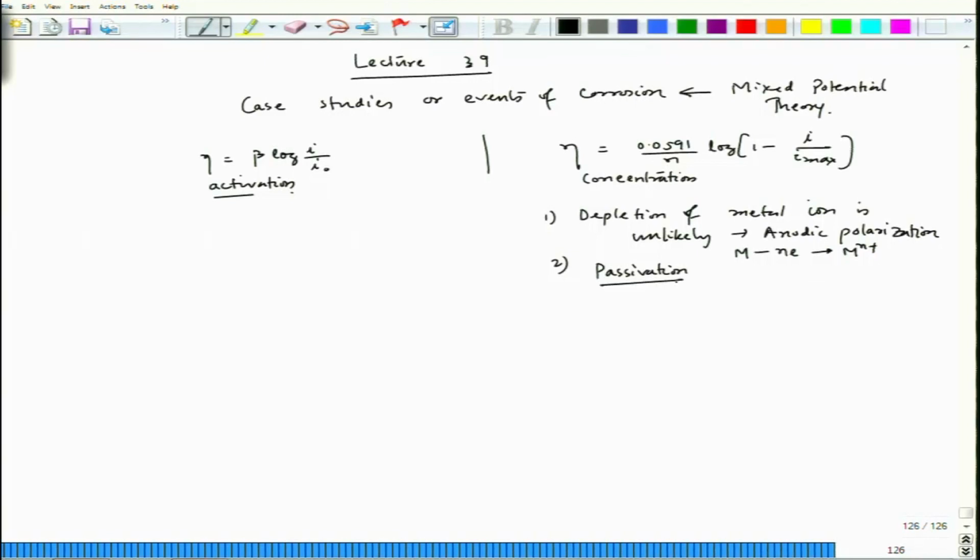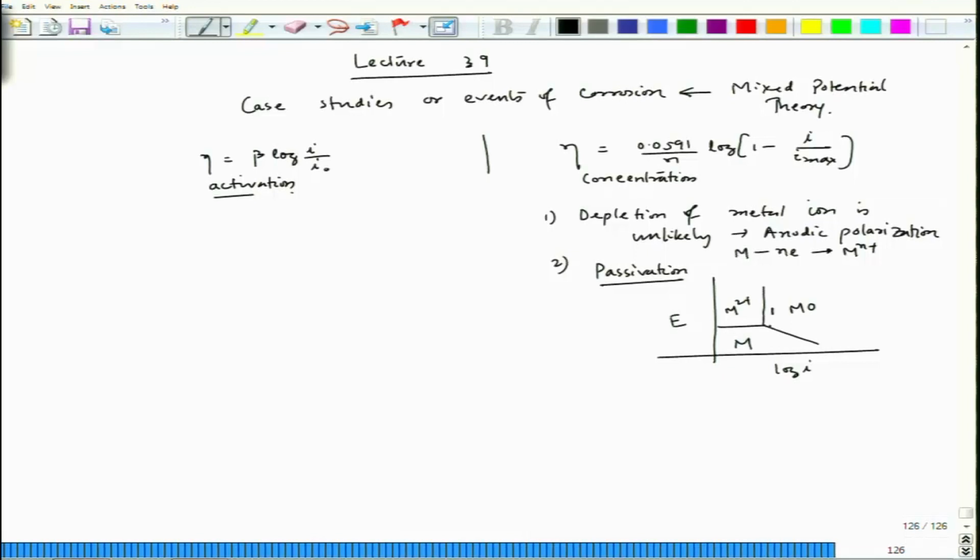This passivation can be explained on the basis of the Pourbaix diagram. Let us say for some metal, E versus pH, the Pourbaix diagram looks like this, and this is the metal oxide part, this is the metal ion part, and this is the metal part.